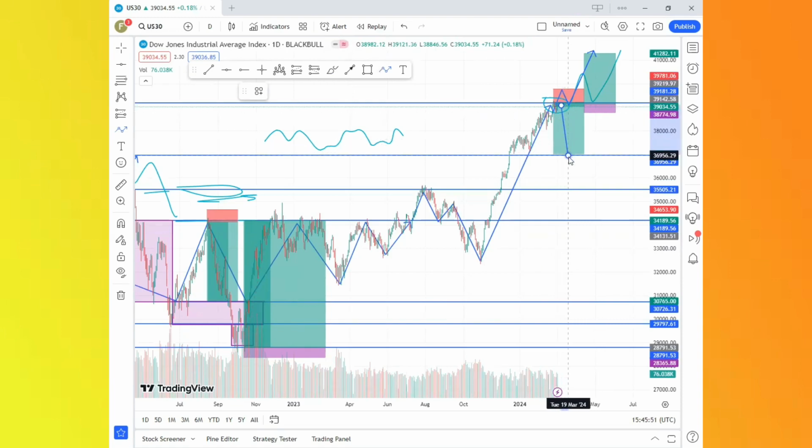But if we are not experiencing that breakout retest, we'll expect the market to come to this level here before playing at this zone here and continuing to the upside, or if not, have this level play out here until this point here.